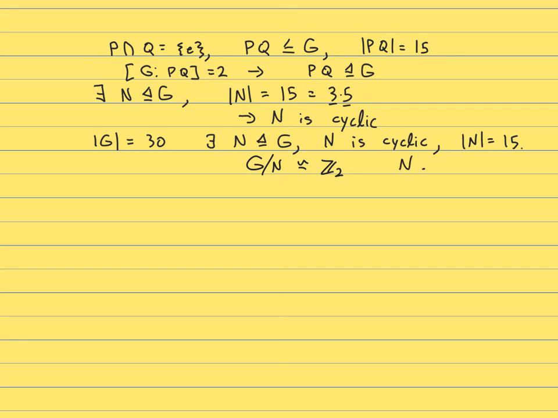And N is isomorphic to Z15. So now you're just asking yourself, how many ways can I construct a group with a normal subgroup that's isomorphic to Z15 whose quotient is Z2? If I can solve that problem, I've now constructed all the groups of order 30 up to isomorphism.